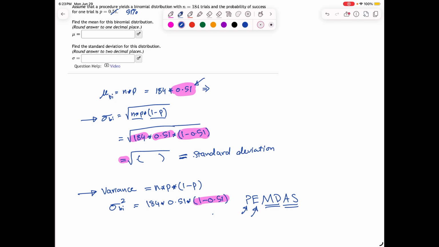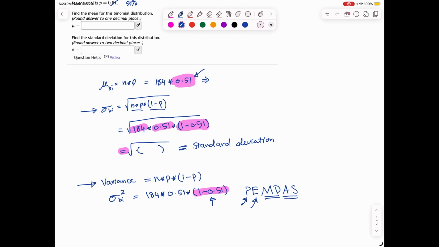In this case, you will do the 1 minus 0.51 in parentheses first, and then it doesn't matter how you multiply them because multiplication is commutative and you're only doing multiplication. So you multiply the answer you get by 0.51 by 184, and that is how you get the variance.